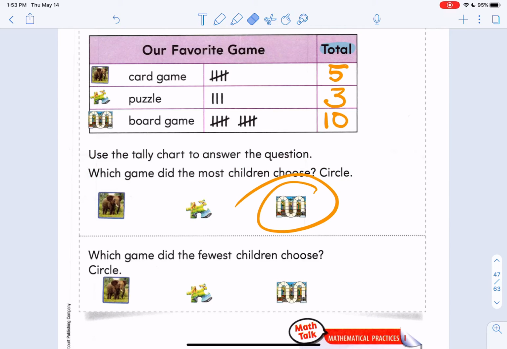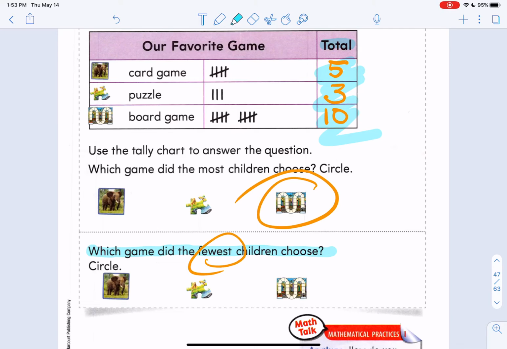Okay, here's the second problem. It says, which game did the fewest children choose? Now, we've got that signal word there, fewest. That's going to mean least number of children, the smallest number. Take a look at the totals up on top.